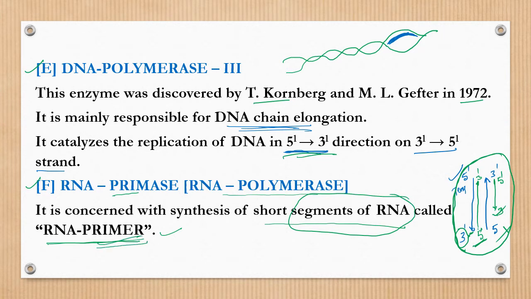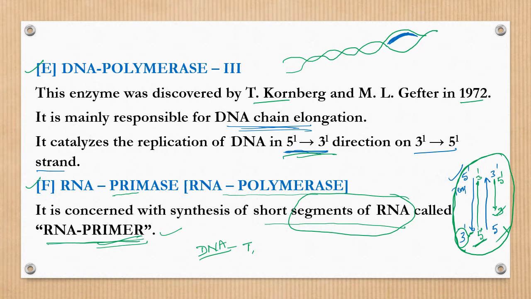Recollect, we studied previously about genetic material. DNA acts as a genetic material because it is chemically stable, stable in structure, and it has stability due to the presence of thymine instead of uracil, and it stores the information. Is it clear?